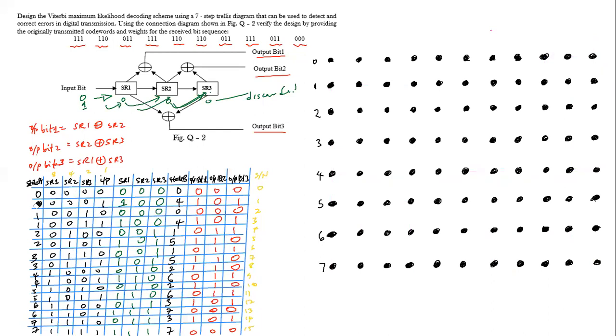So recall from this state that we have to move from state 0 to state 0, and then state 0 to state 4.